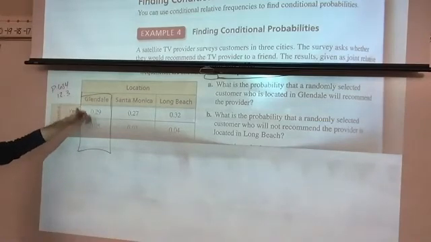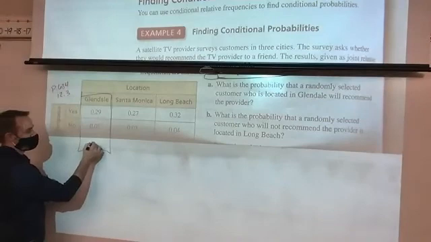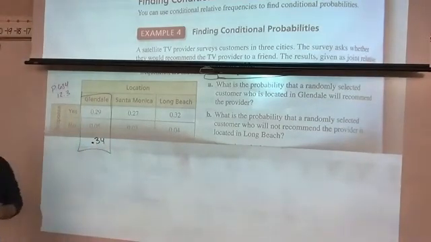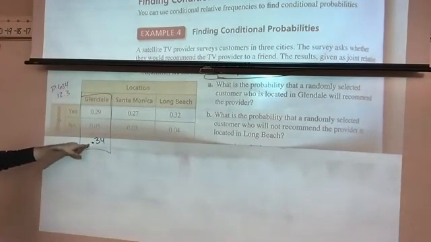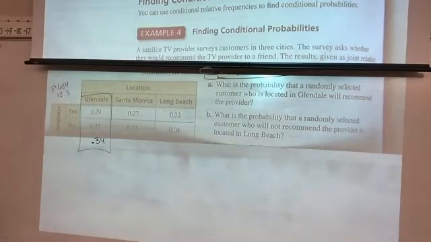So we would have to add these together to get that total. Then to find that probability, we're just dividing 0.29 divided by 0.34, and we're going to get that probability. That's our conditional relative frequency.